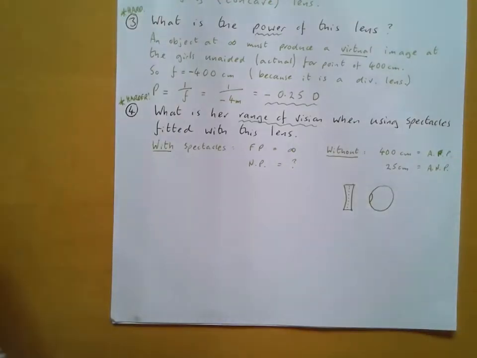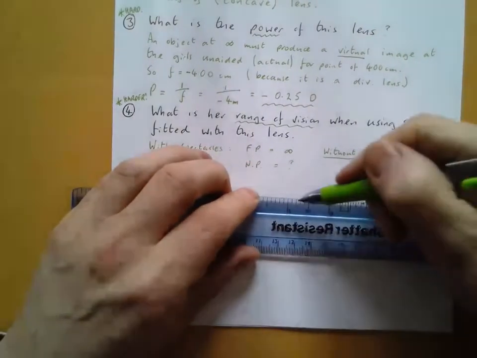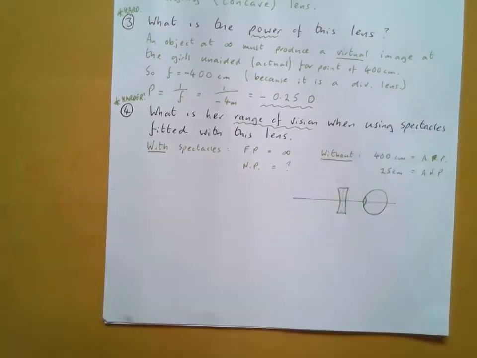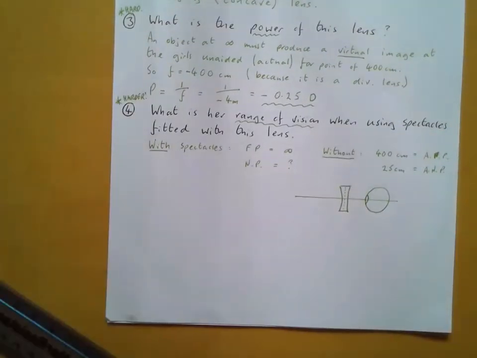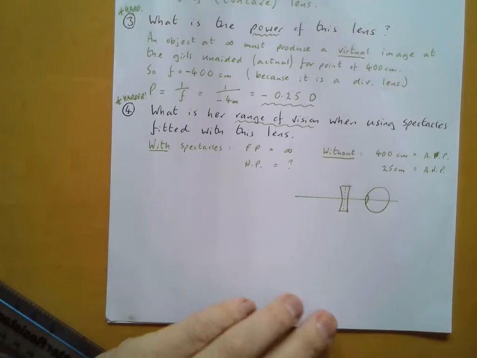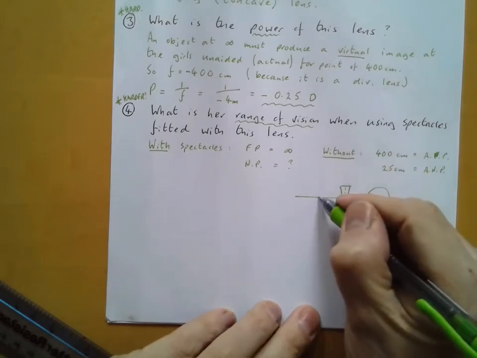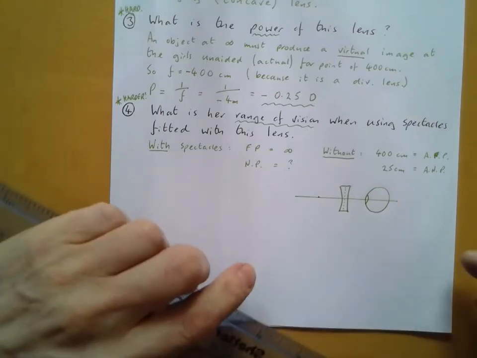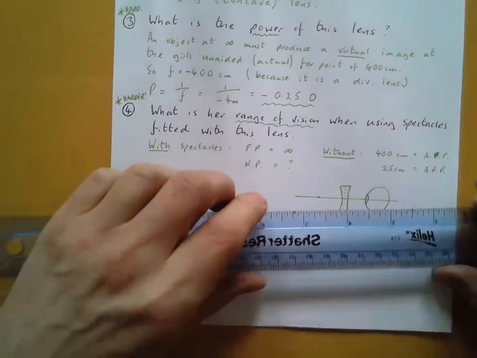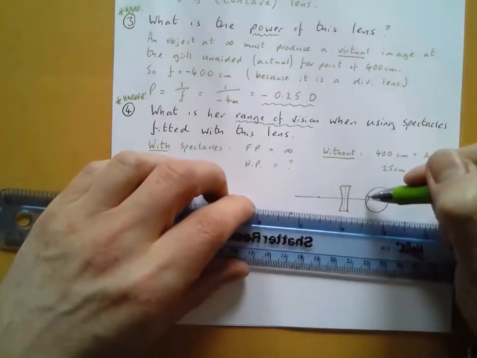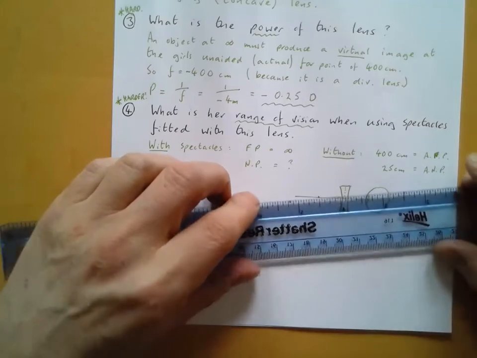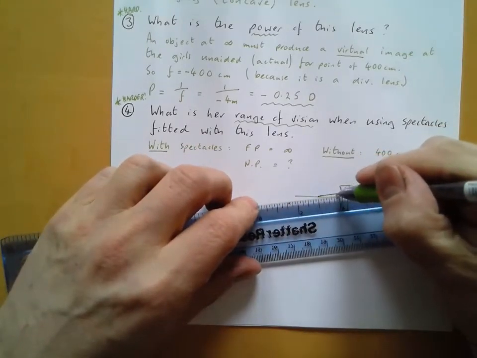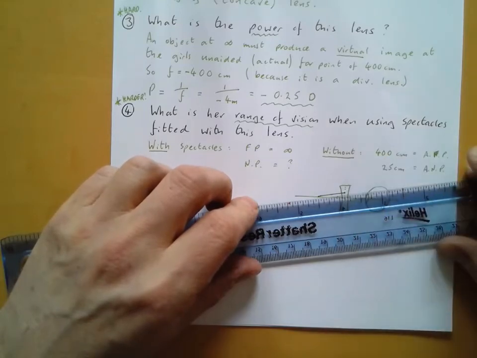Now, where's my ruler? Okay. So, without the lens, her actual near point is at 25 centimeters. So the closest she can see is at 25 centimeters. So that means that rays of light would be able to be focused. But with the lenses in place, what's going to happen is we're going to get a bit mucky.